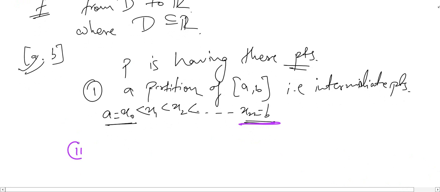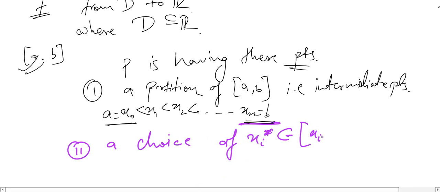Okay, second point, a choice of xi star, which belongs from xi minus 1 to xi, right?